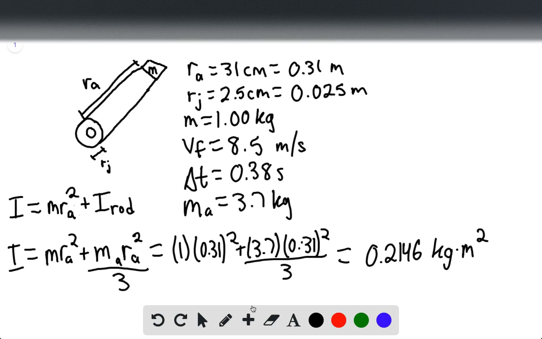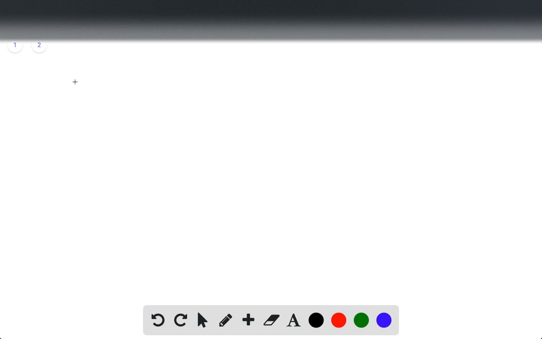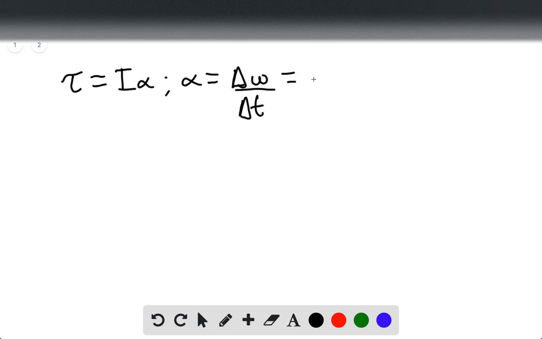At this point, we need to find the torque needed to throw the ball, and this is going to be defined as the moment of inertia times alpha. Alpha can be found by taking delta omega over delta t, and this is going to be omega final minus omega initial over delta t.